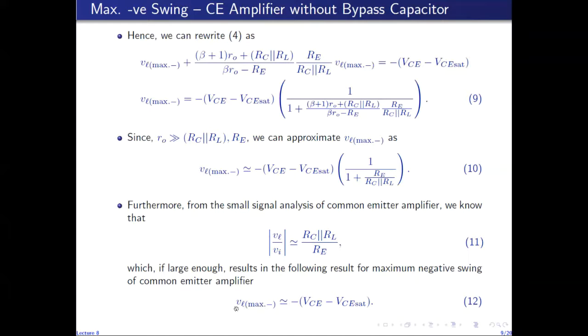Once we know these expressions for a given circuit, we can find the maximum negative and maximum positive swings of the amplifier, and then we take the magnitude of each, and we multiply by 2 the minimum of these two values of the magnitude of VL maximum negative and VL maximum positive, to get the maximum symmetric swing of the common emitter amplifier without bypass capacitor.